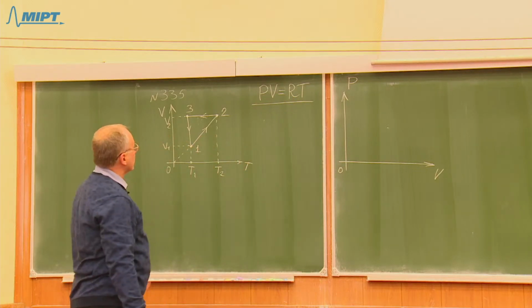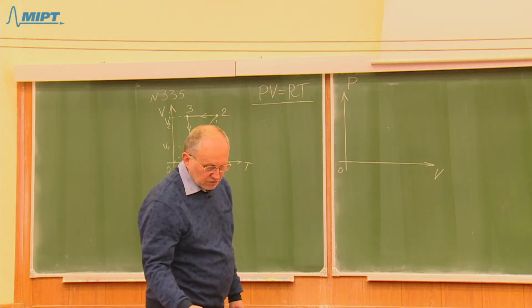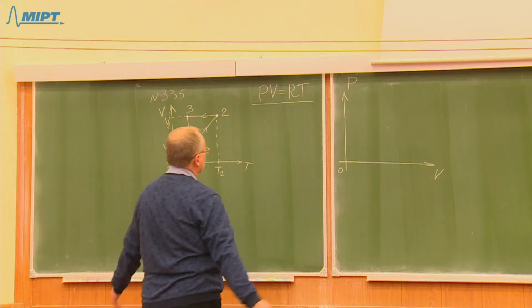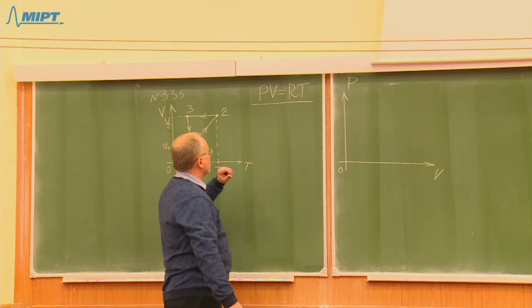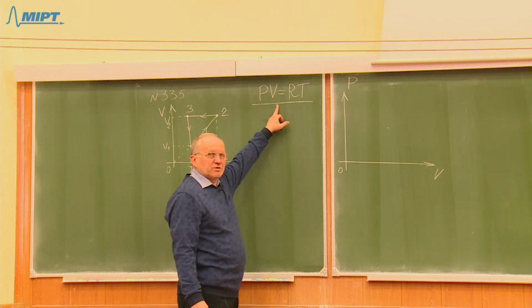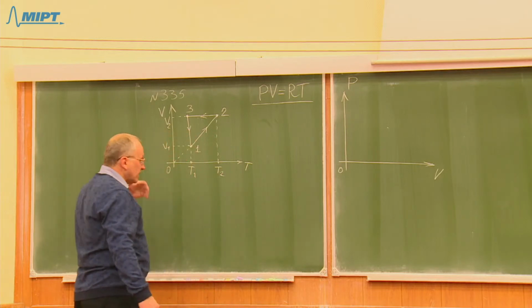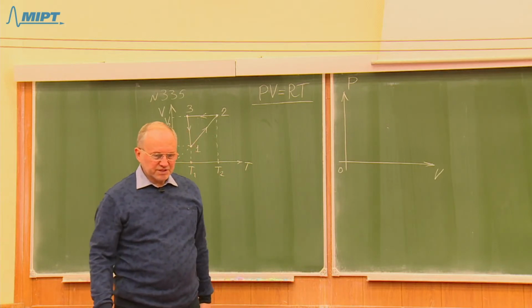The number of moles is 1. This problem doesn't specify the number of moles, so I can take any number of moles, and I can consider for simplicity only 1 mole, and I will be sure that all other moles of the same gas will obey the same laws.